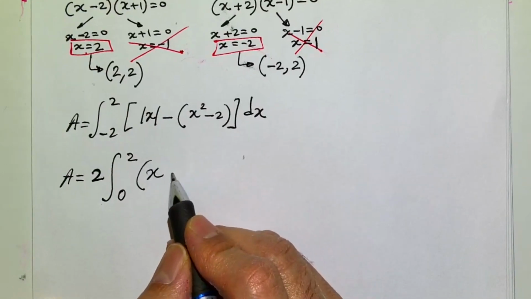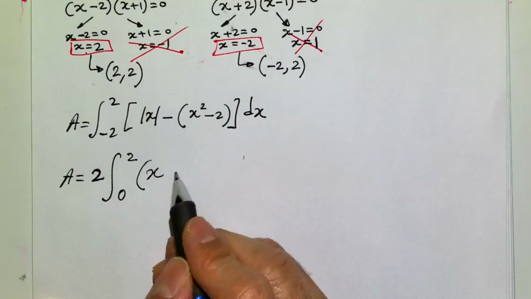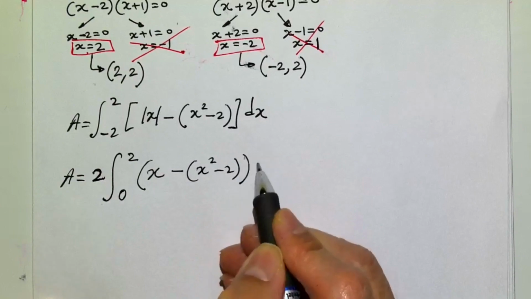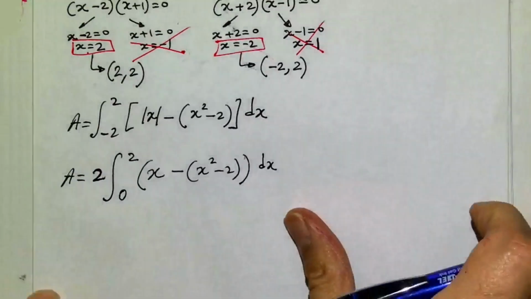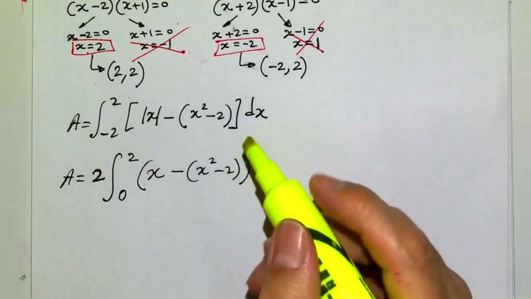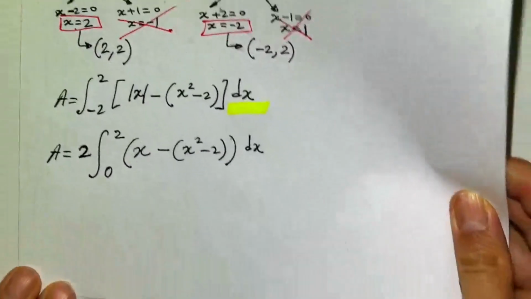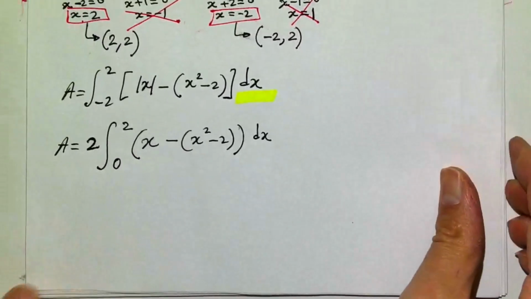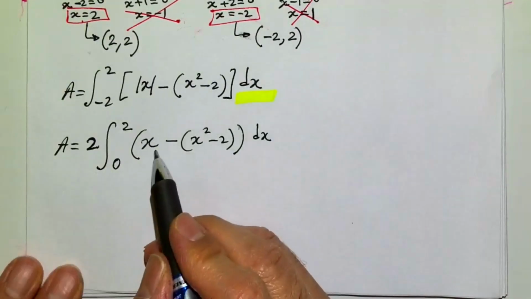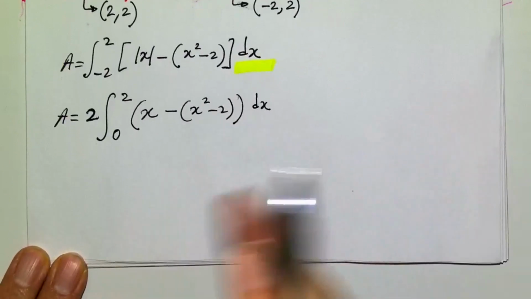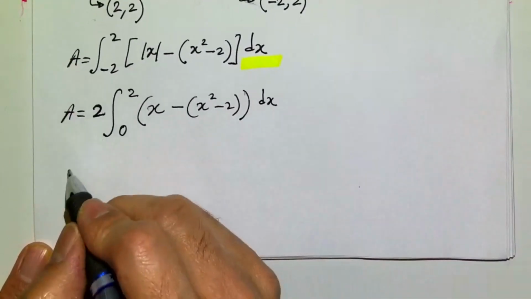And then minus (x squared minus 2) dx, right? Again, it is very important to notice that we're integrating along the x-axis. All right, so let me distribute this negative and then carry out the integration.